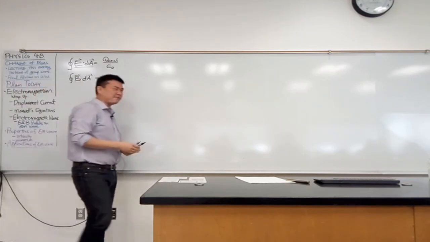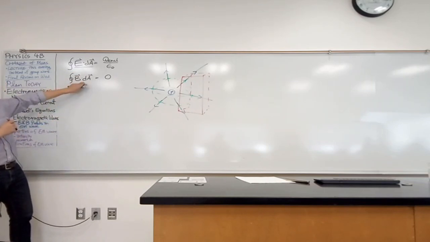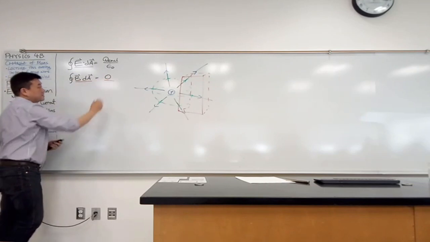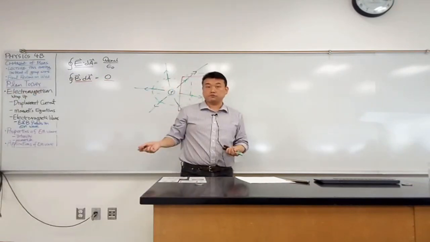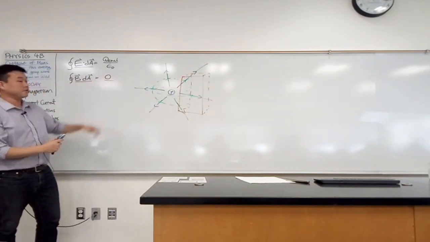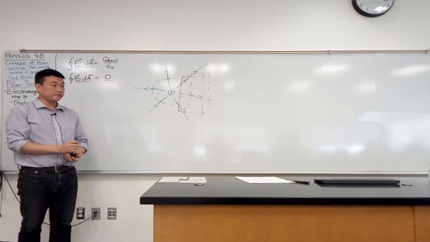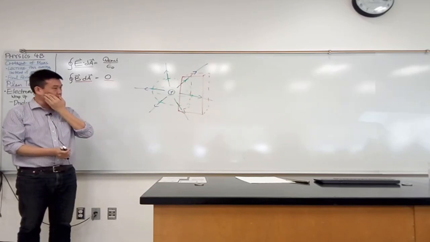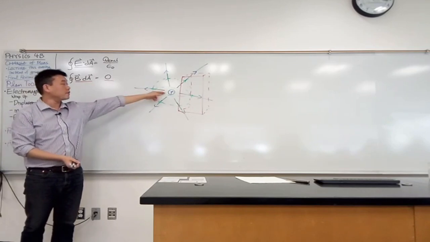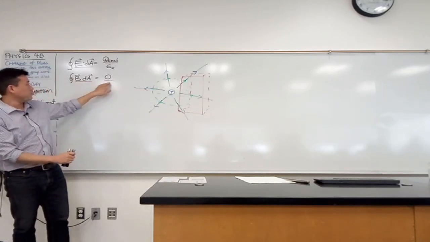Does anyone remember why it was equal to 0? In the context of magnetic field, intuitively, why would you say this makes sense? Without having to do any calculation, you can say the net amount adds up to 0. What property of magnetic field, not about change, but something different from electric field, can you point to and say, no matter how you set up the surface, it's always going to add up to 0?